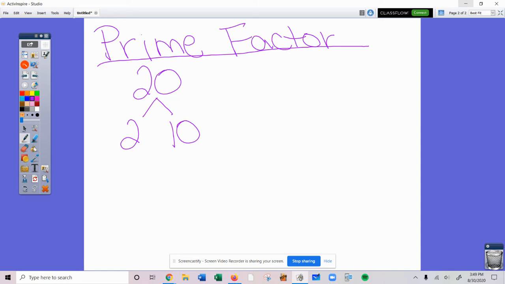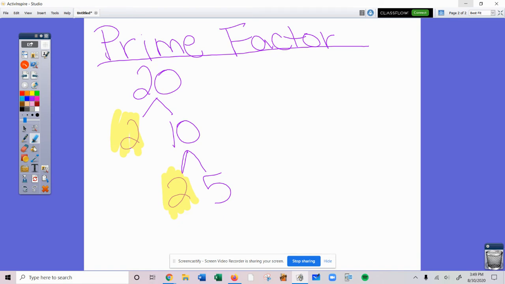Now 2, we can't split up any further because 2 is just 1 times 2. There's nothing else. So because we can't split it up any further, we're done with the 2. Okay, but we can split up the 10 further. The 10 will split into 2 times 5. Now if we try and split up 2, 2 can't go any further.